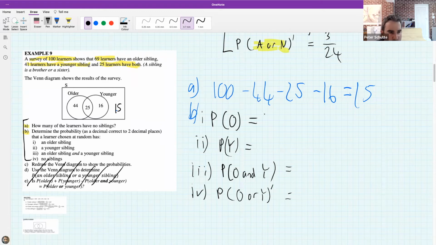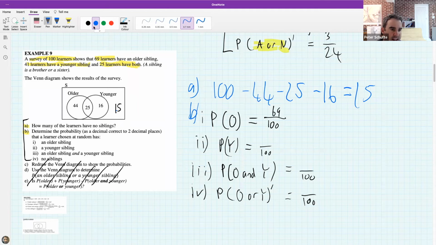So the probability for an older sibling is going to be, well, all of these are going to be out of 100 because the sample space is out of 100. And the probability of choosing an older sibling, having an older sibling, is actually going to be 69.